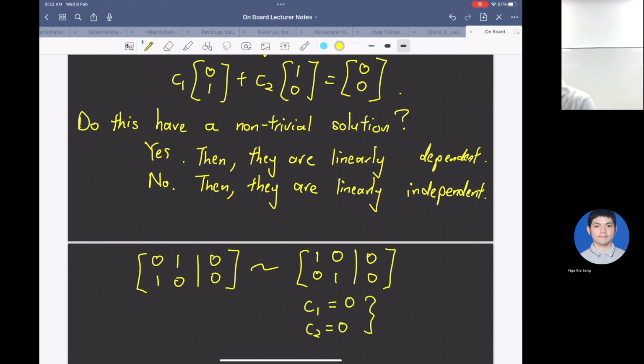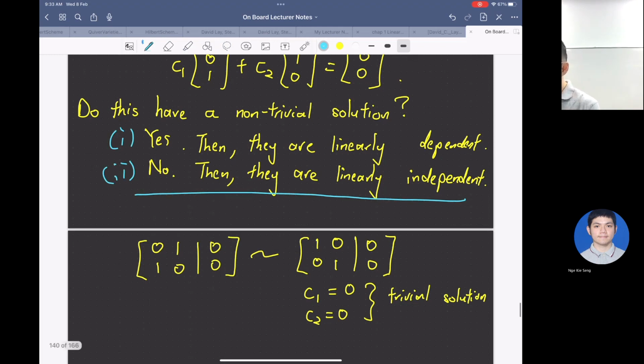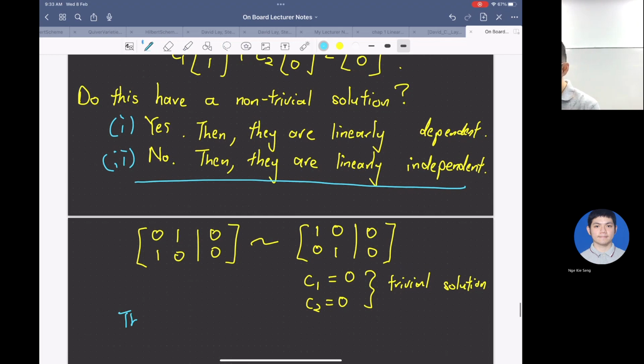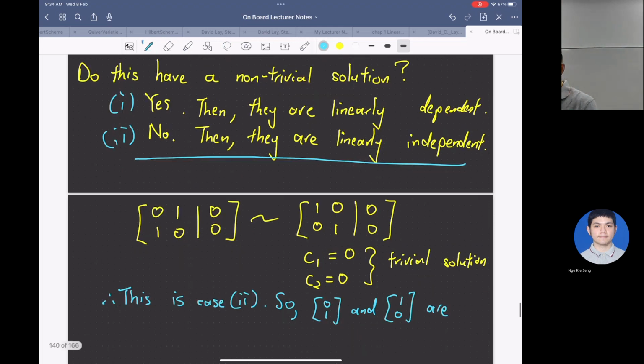So this is a trivial solution. So the trivial solution is the only one in the case of 2. So 0, 1 and 1, 0 are linearly independent.